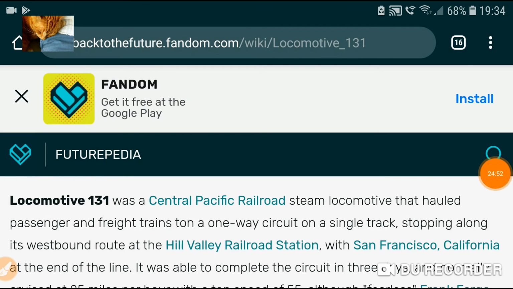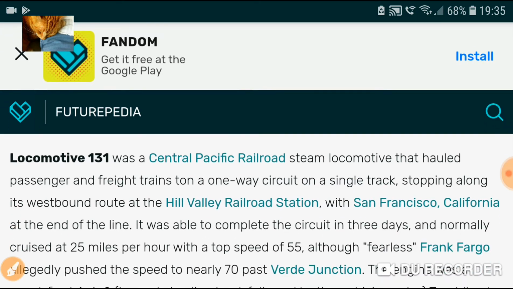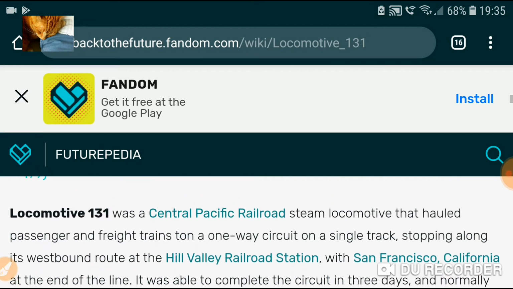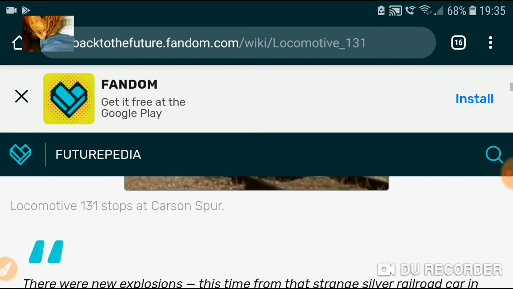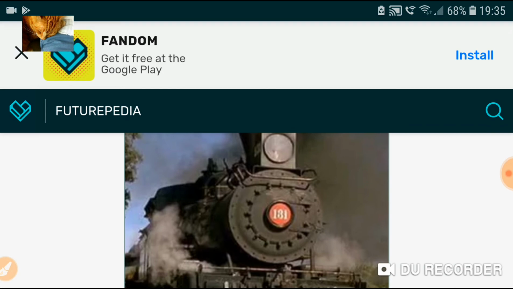That also links to Back to the Future. The train in Back to the Future 3 was a Central Pacific Railroad steam locomotive. This is from the Futurepedia page. Train number 131.